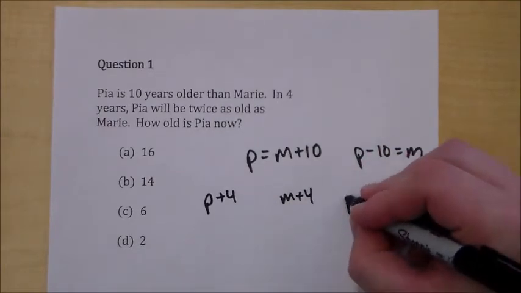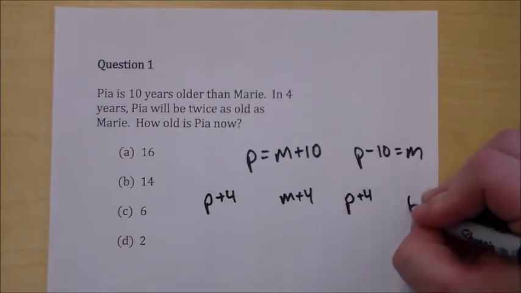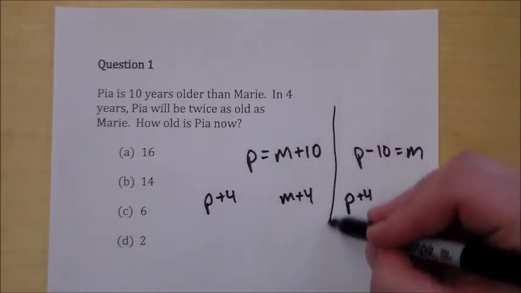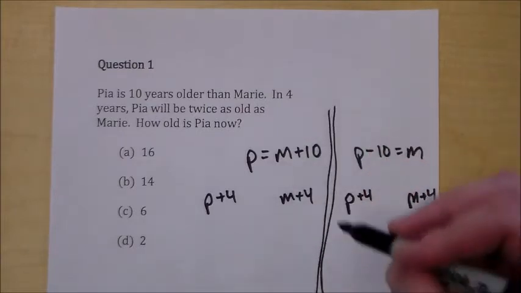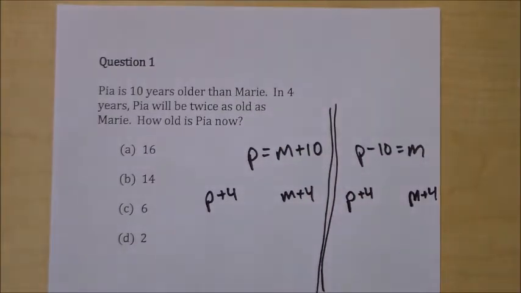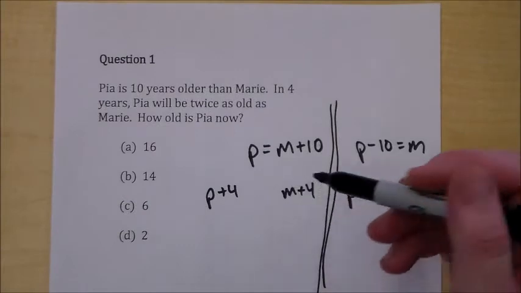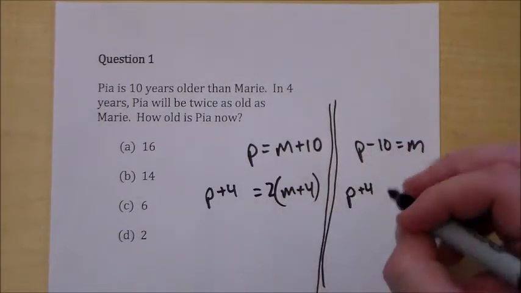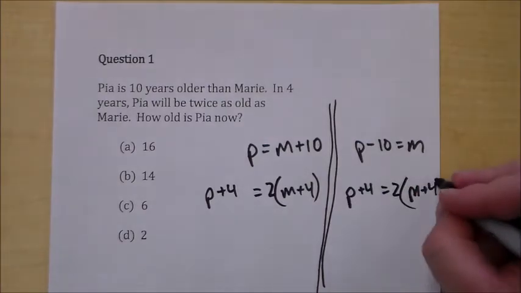I'm doing it two different ways so you can see that either way will get you the right answer. Pia will be twice as old as Marie. So Pia in 4 years is going to equal 2 times whatever Marie is in 4 years.